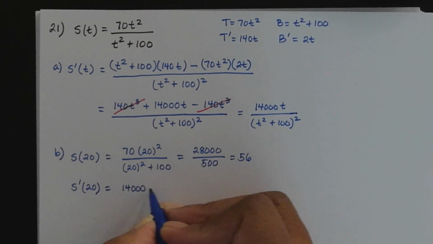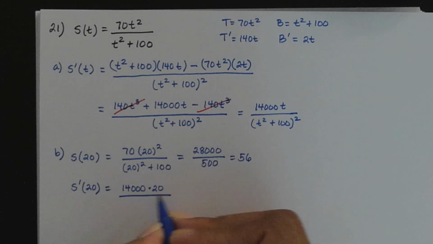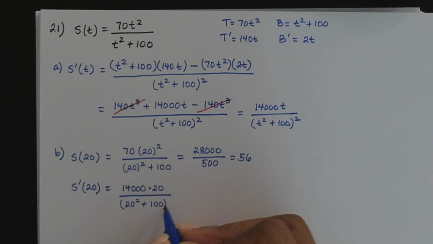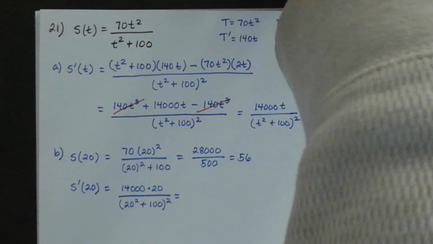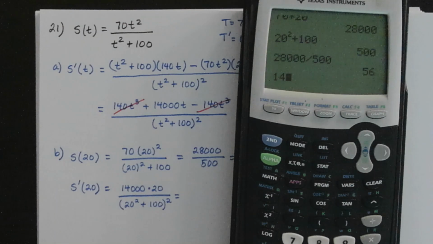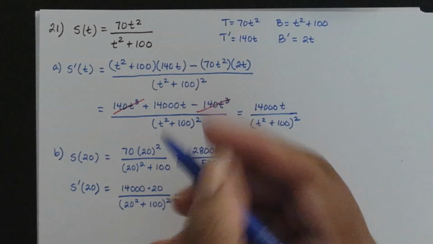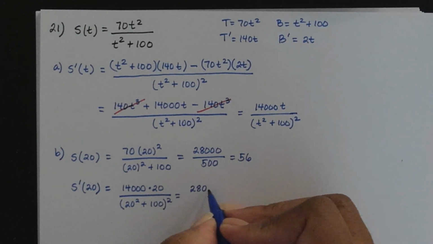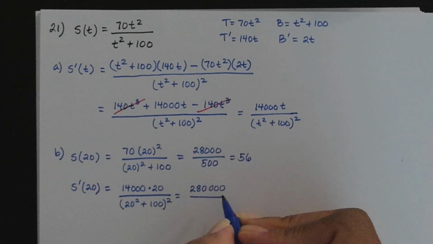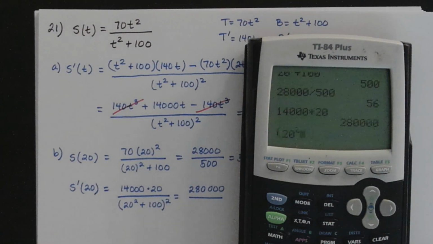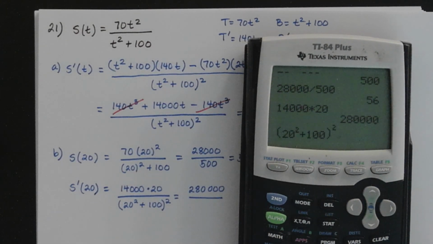So it'll be 14,000 times 20, divided by 20 squared plus 100, and all of that squared. 14,000 times 20 is 280,000. For the denominator, I'm going to do left parenthesis 20 squared plus 100, close parenthesis, and then square it.